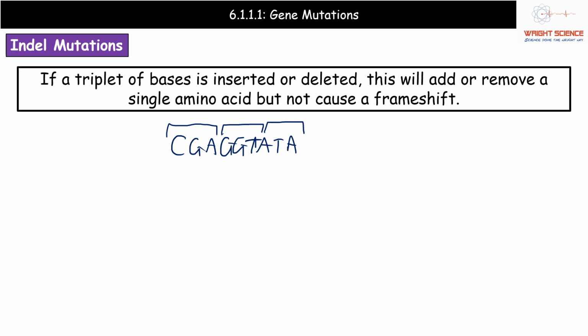If we were to delete the one in the middle, we don't get a frame shift because we've deleted an entire codon. So none of the others around it are going to change. We've just lost that amino acid from our sequence. Obviously, same thing can happen if we're inserting. If it's a triplet that we've inserted, it will not cause a frame shift. It will just have an extra amino acid present.